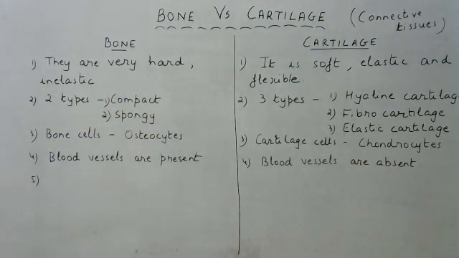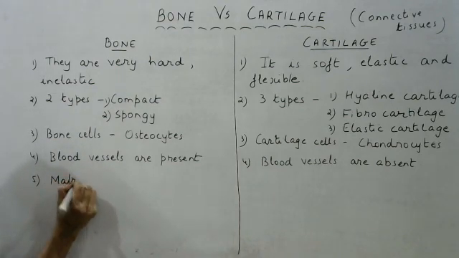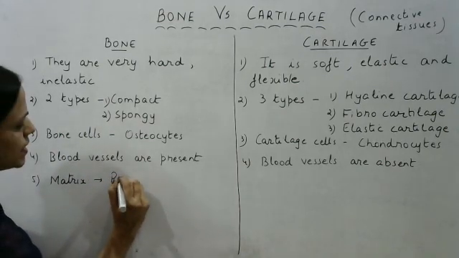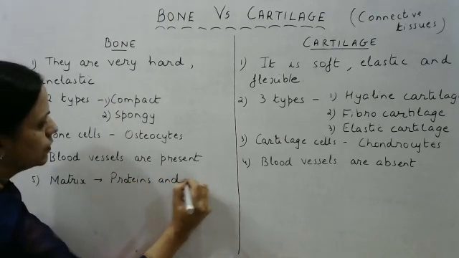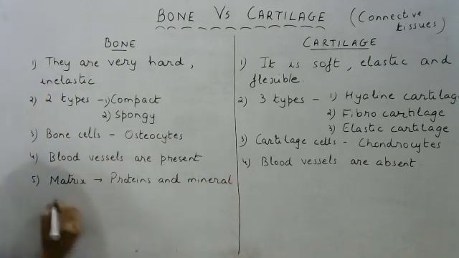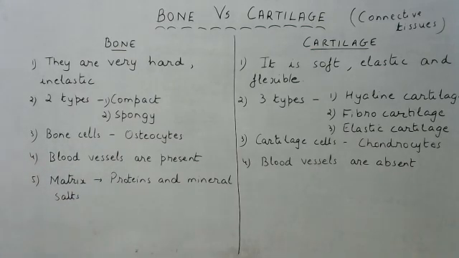Moving ahead to the fifth point, the matrix in case of bone is made up of proteins and mineral salts, and the most common mineral salt found in bones is calcium phosphate.